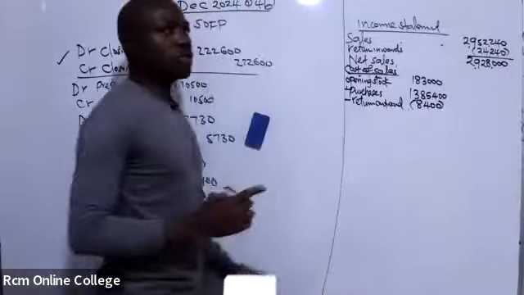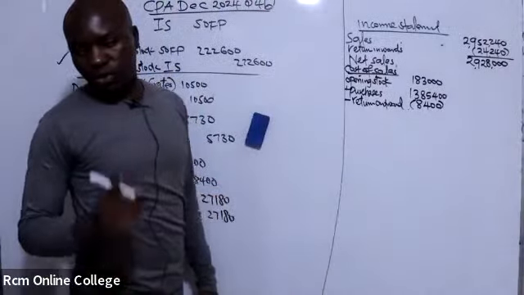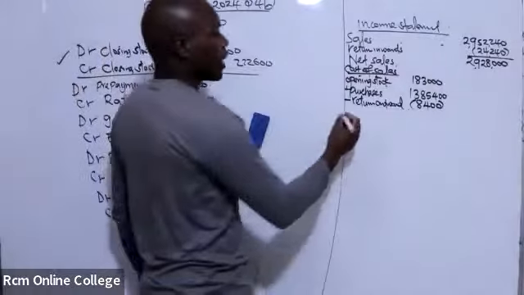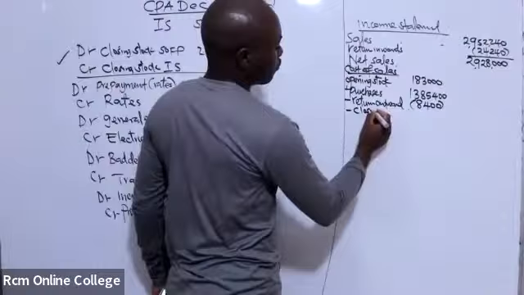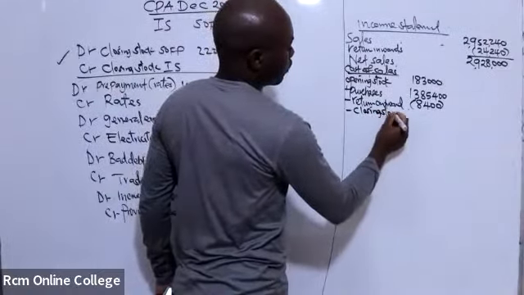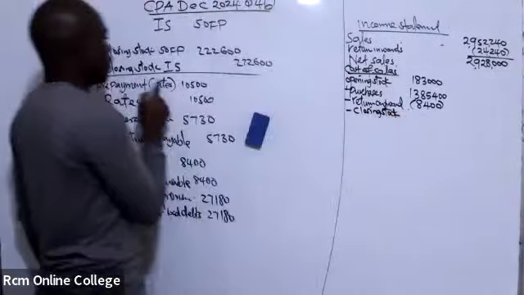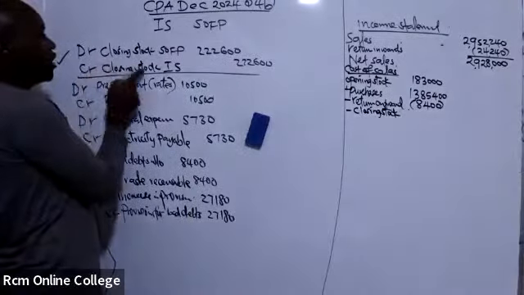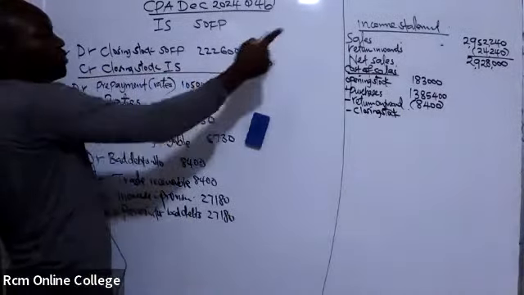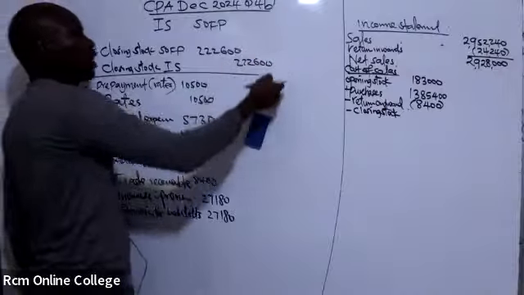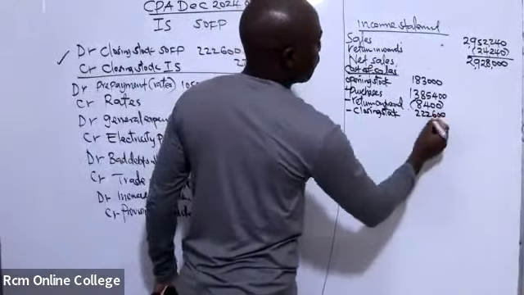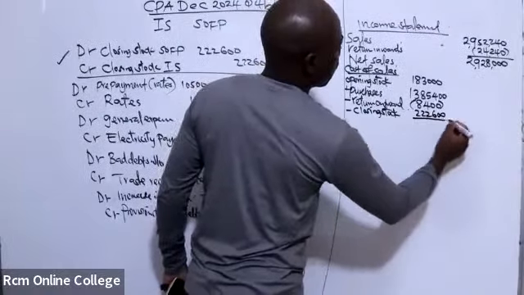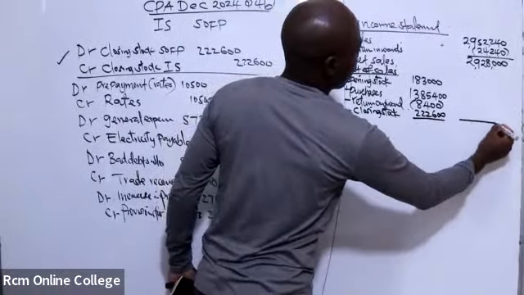It will give us goods available for sale. To the goods available for sale, we need to less closing stock. Remember the closing stock that we said will be credited in the income statement. Because we are doing this format, we simply put the negative. When all that is put together, we will get cost of sales.